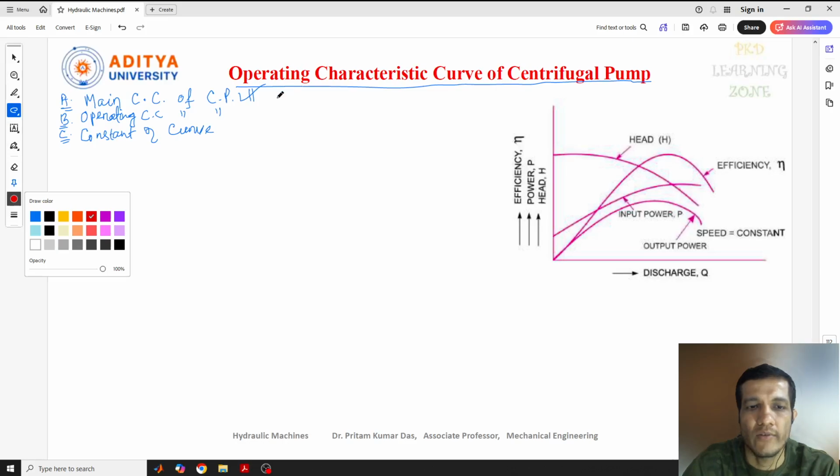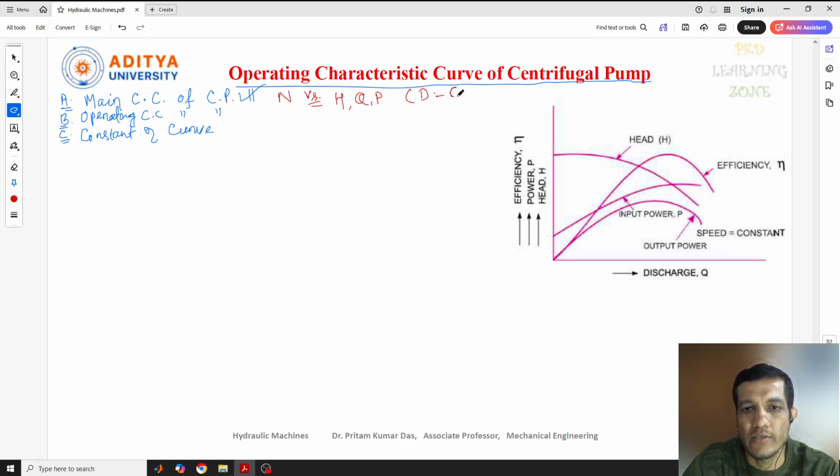The graph compared speed versus parameters like head, discharge and power, with diameter taken as constant. When comparing speed versus head, discharge is constant; when comparing speed versus discharge, H is constant; and when comparing speed versus power, H and Q are constant along with the diameter. But here we are going to discuss the operating characteristics curves.